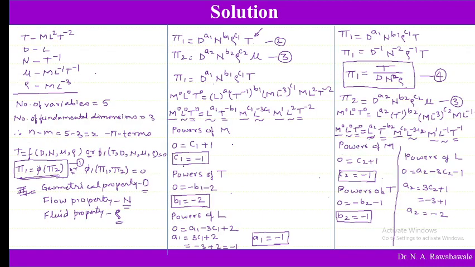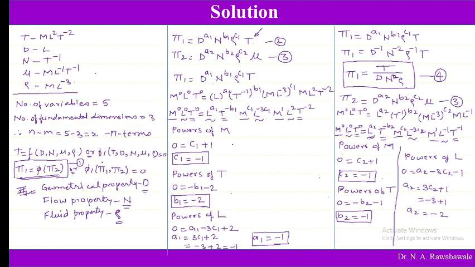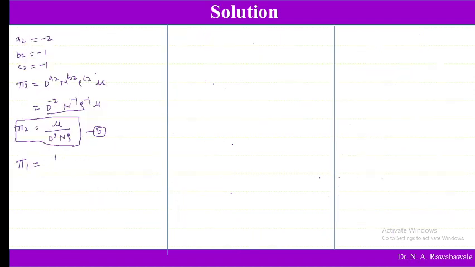We can call this equation number 5. So now equation number 4 is pi1. The pi1 term is given as t divided by d n square rho. So this is equation number 4.